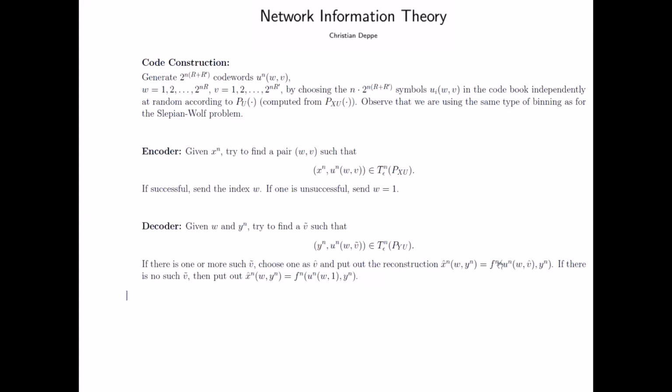We can assume that this function always takes the first one if we order the codebook. And if there is no such v tilde, then we put out some dummy word. That's the idea of the code construction.